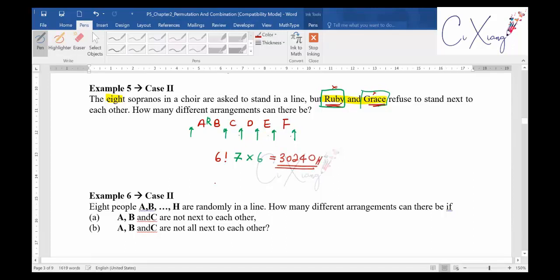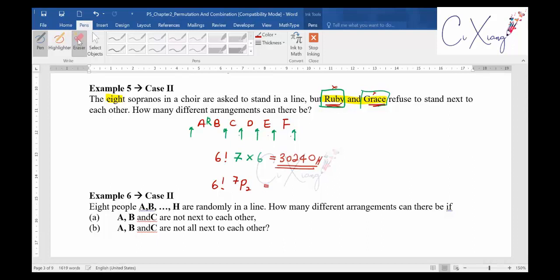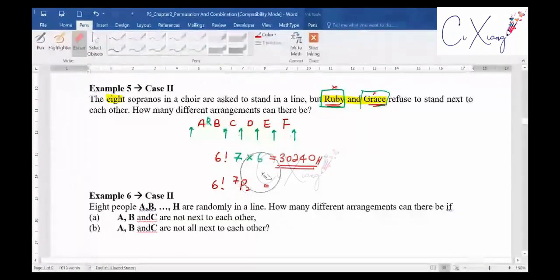Before I forget, please take note that for this example, some of the reference books will tell you that you can write it as 6 factorial and then 7P2. 7P2 means that you want to arrange 2 people into 7 spaces. So you can write 7P2 or 7 times 6, both are the same actually.